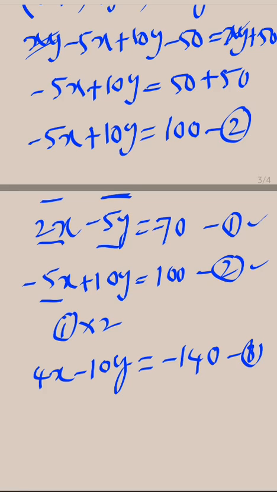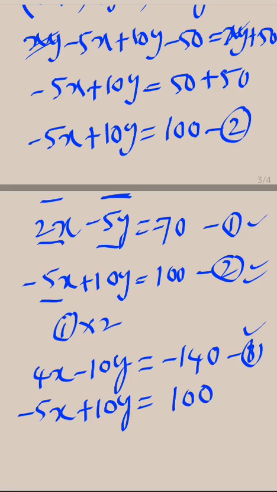So before solving that, write in one order. So this is the first equation, third equation. Now the second equation, write it here: minus 5x plus 10y is equal to 100. Write in this format. Then we have to subtract or add. Here you see 10y, the y terms are equal and the signs are different.